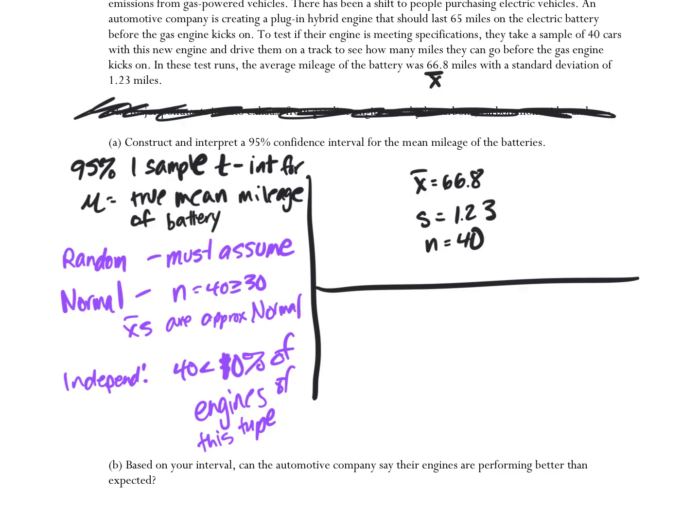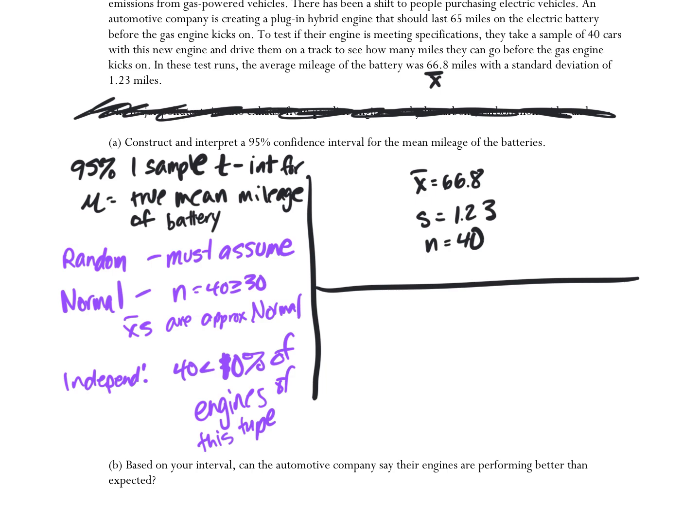Let's get that interval by going into our calculator. I'm going to, again, hit stat, arrow over to tests. Choose the T interval, which is option 8. This time, do I have the data? No, I can't type this stuff into L1. So instead, what I have are summary statistics, so I'm going to go over and highlight the statistics.